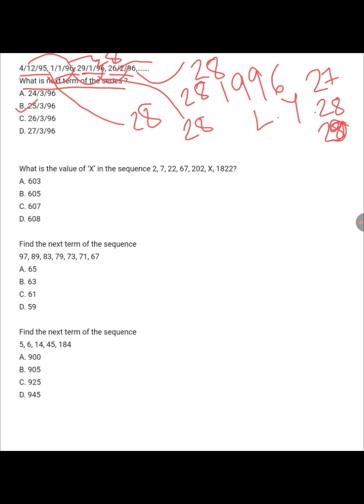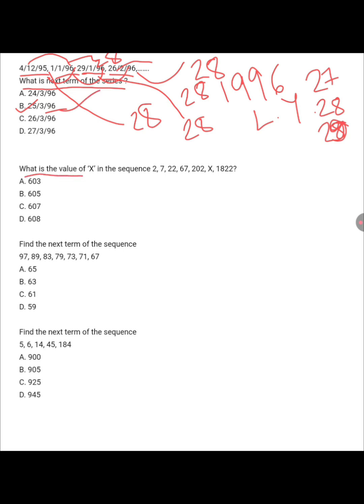So 25th March 1996 will be the answer here. There is only a 28-day gap between the dates, and the next date will be 28 days after the previous date.